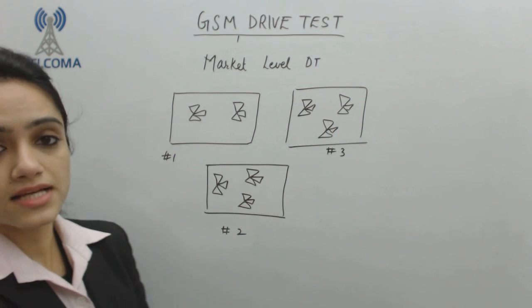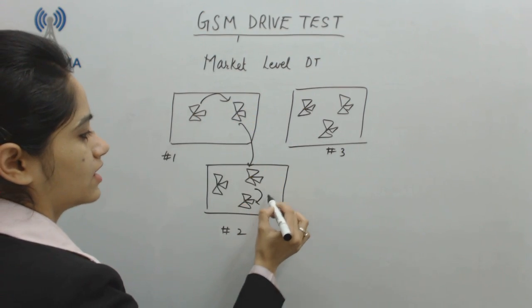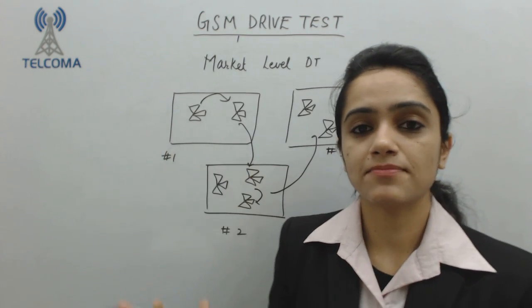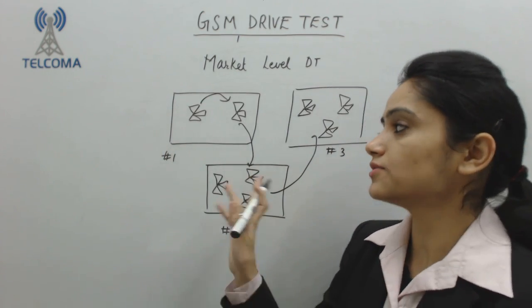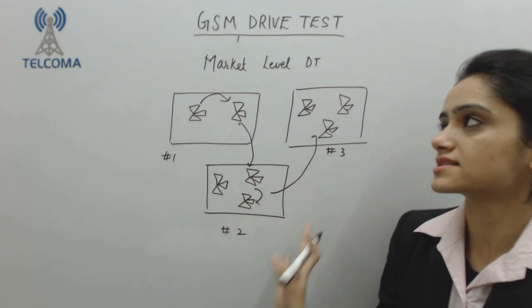So I have 3 clusters and I require to move between sites. That means we are changing clusters, and we have different frequency plans in each cluster. So we require to check out the various handovers and frequency parameters in this market level.